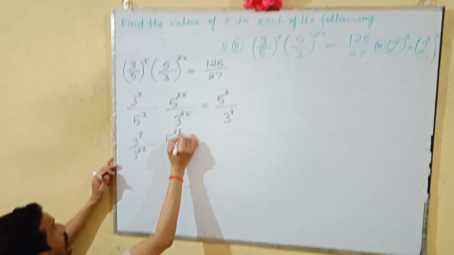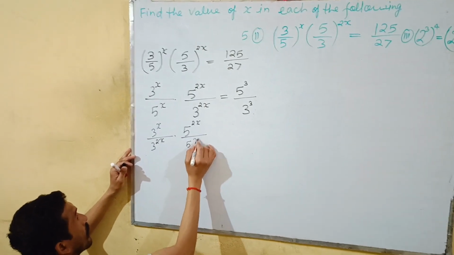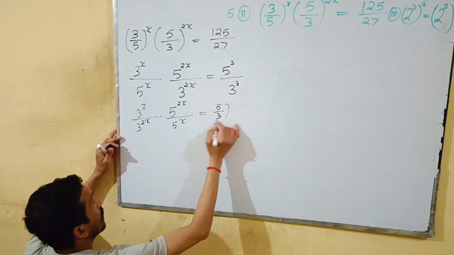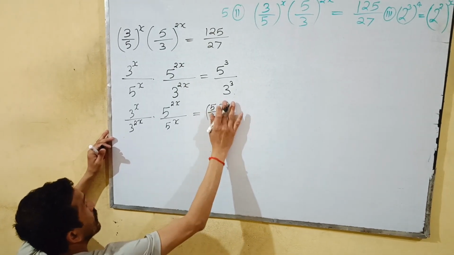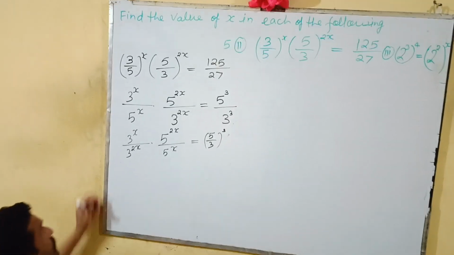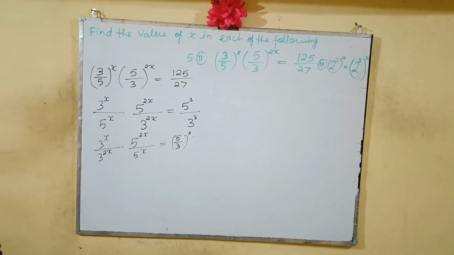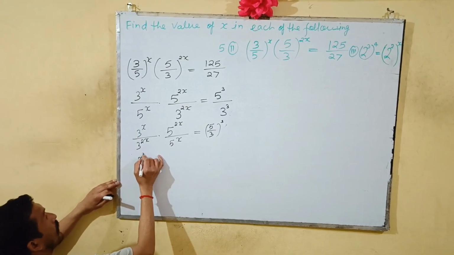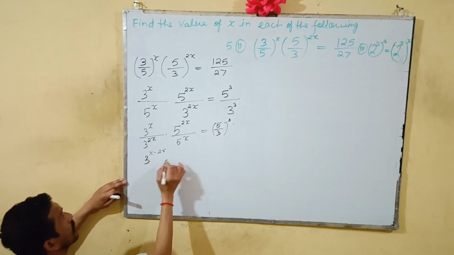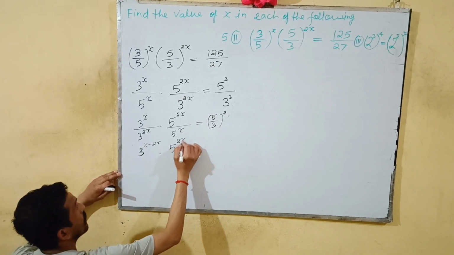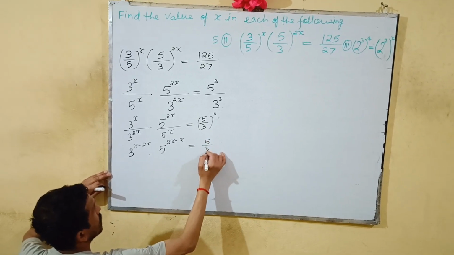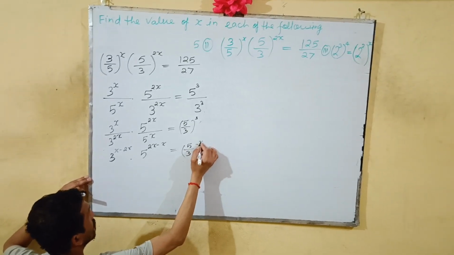Now this one: 3 to the power x upon 3 to the power 2x into 5 to the power 2x upon 5 to the power x equals (5/3) to the power 3. Okay. Now this one becomes 3 to the power x minus 2x into 5 to the power 2x minus x equals (5/3) to the power how much? 3.